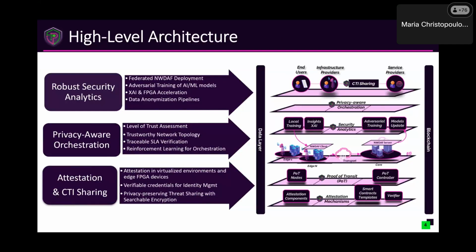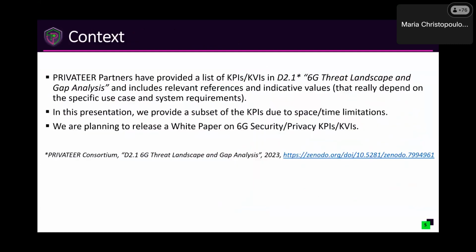Essentially, these pillars are the basis also for the KPIs that we suggested in the first deliverable of the project, which was published about a year ago, deliverable 2.1. You can also check the Zenodo link here.